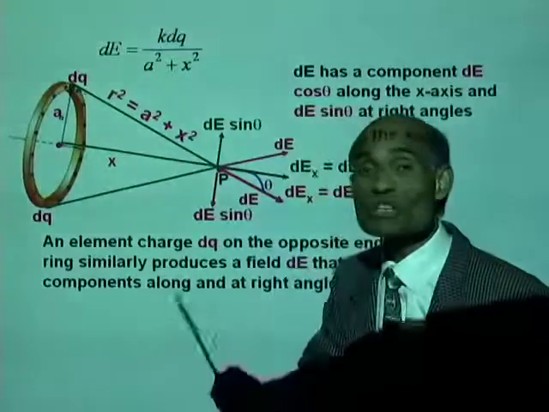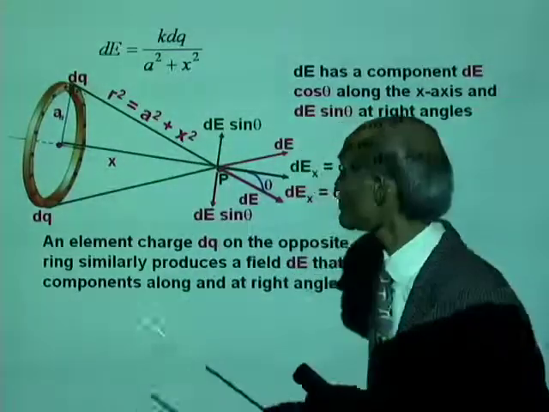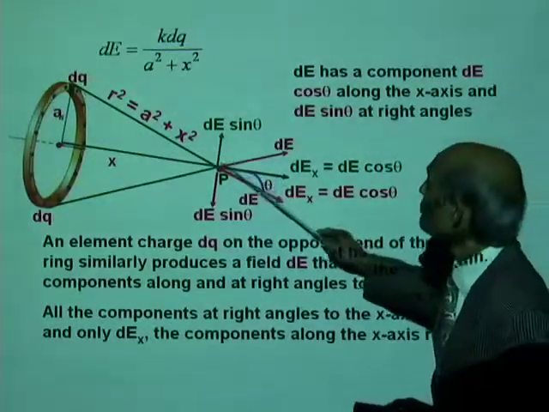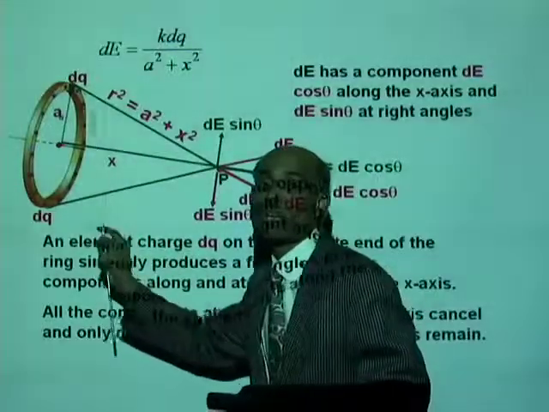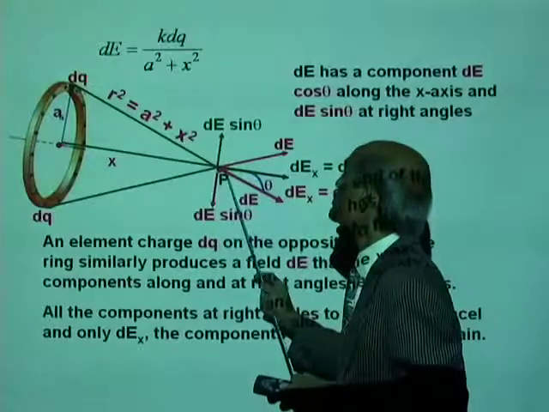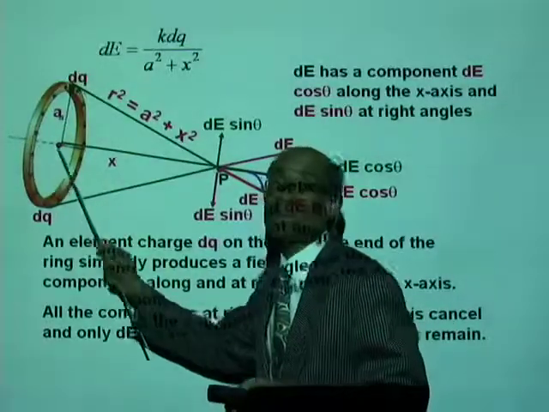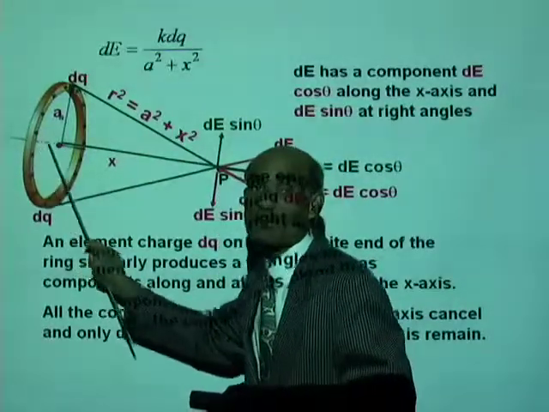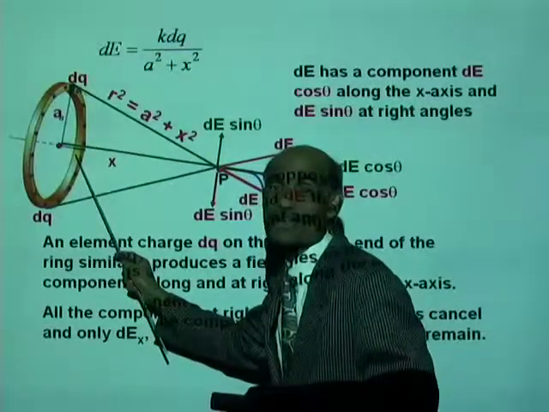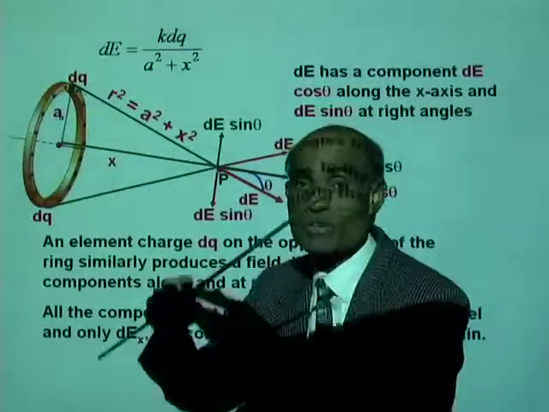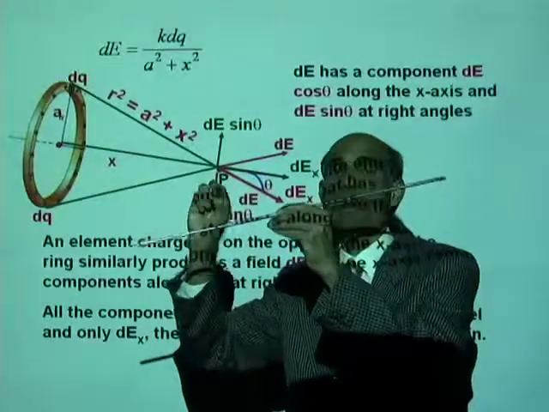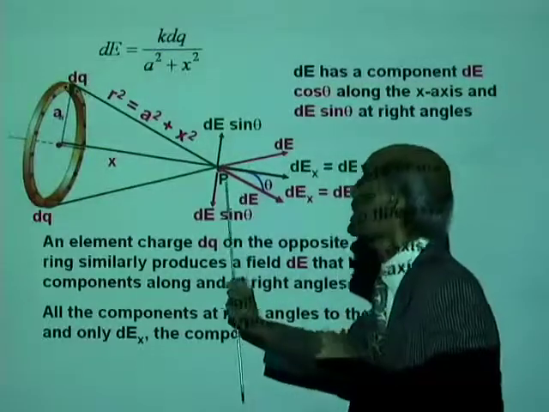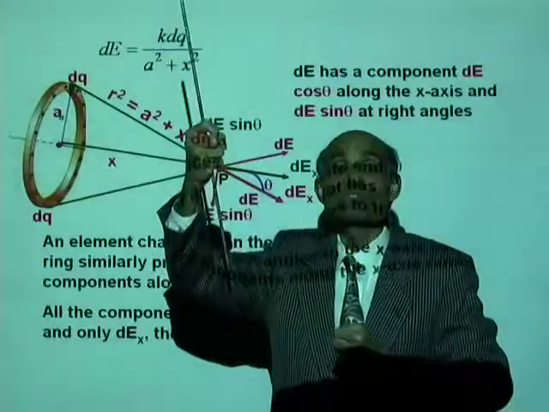And if you now notice the symmetry of the ring, one very interesting thing happens. You can now construct many such dEs by taking elements all over the ring. For every element on one side of the ring, there is a similar element on the other side. That means you can construct these all around the ring, which will have x components all directed in the x direction and the y components each opposing each other.